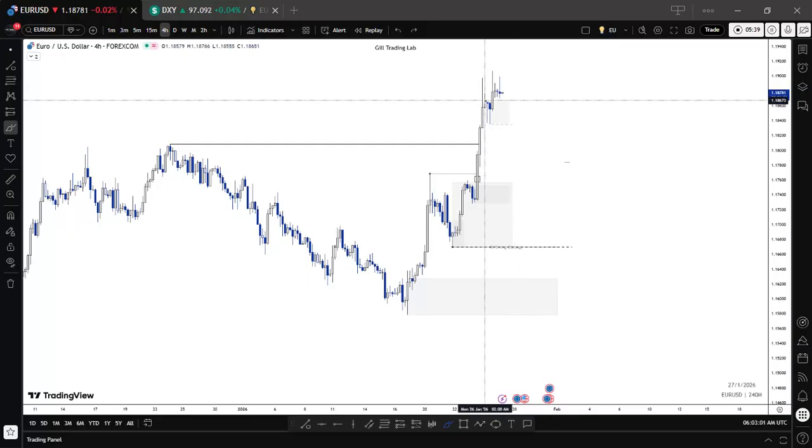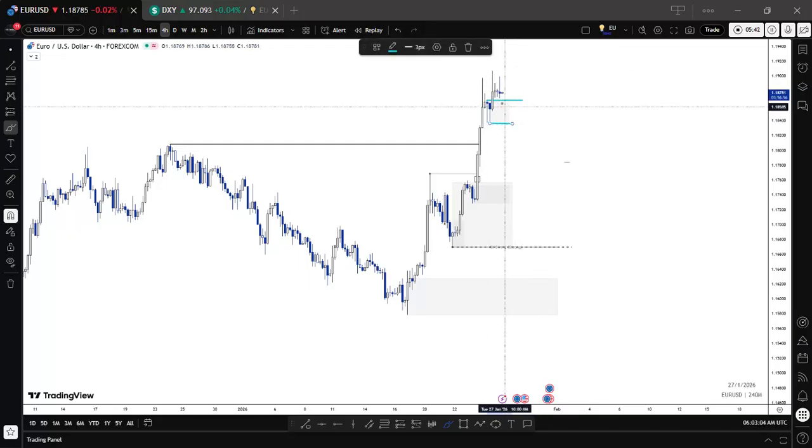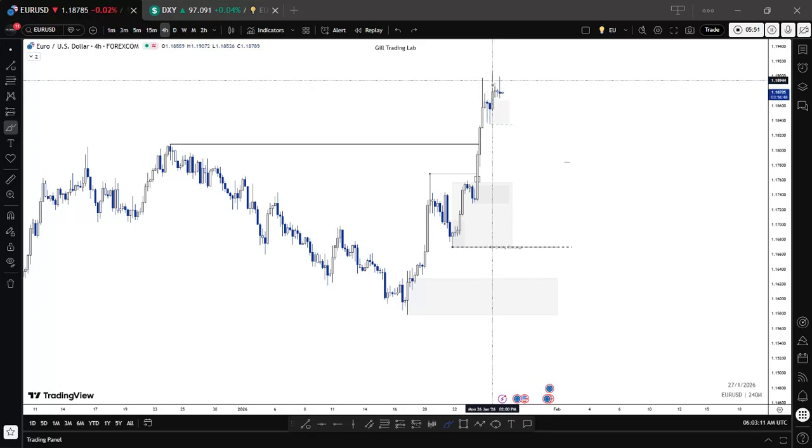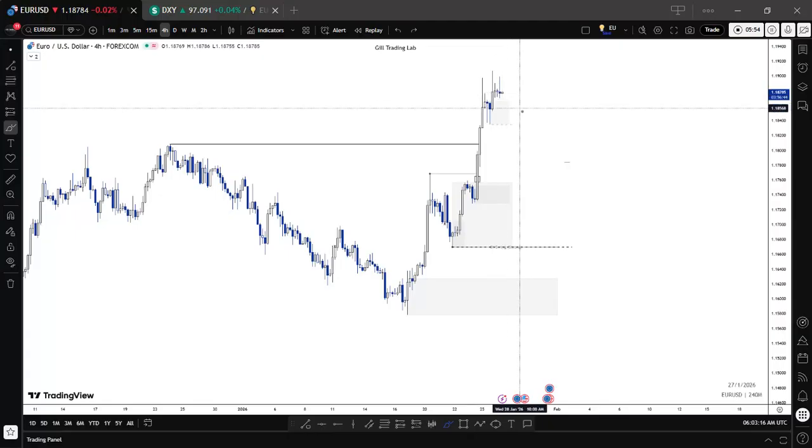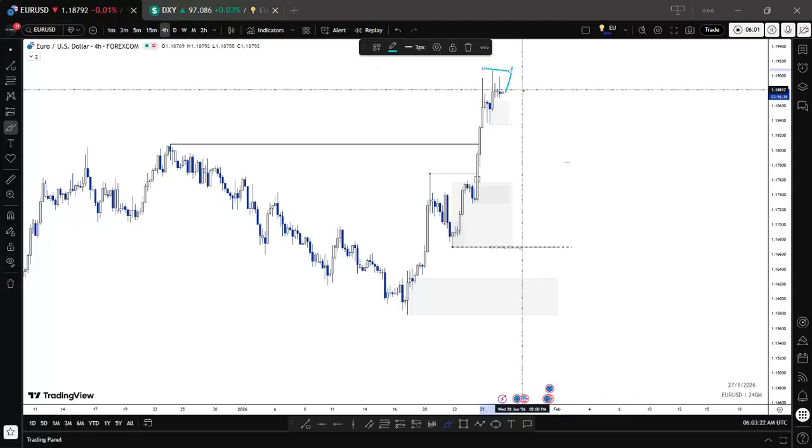But it's also not a must for price to mitigate this demand. If price forms a significant demand just here, or mitigates something within this leg on the M15, then I'll be willing to look for longs from it to target the 4H fractal high.